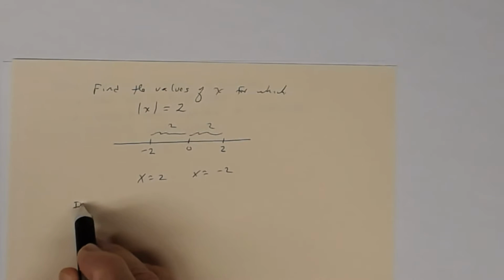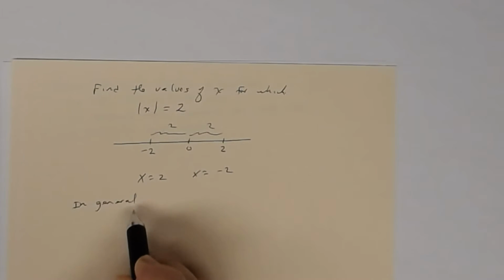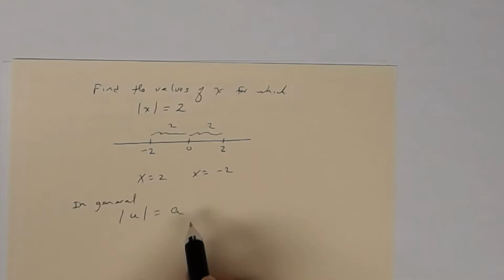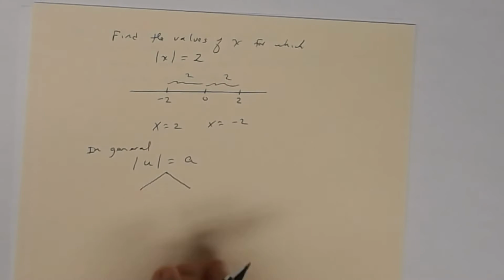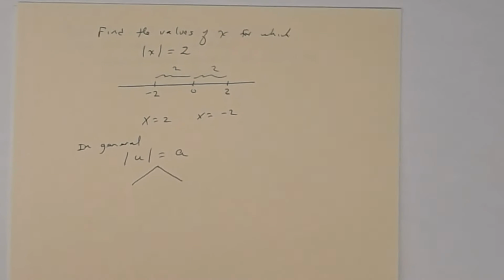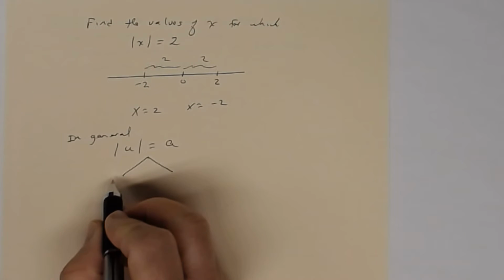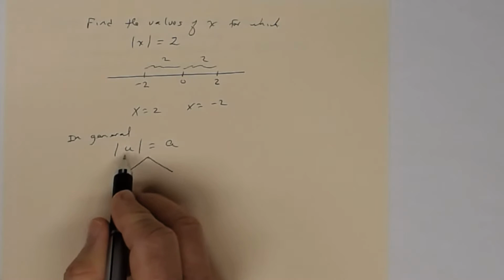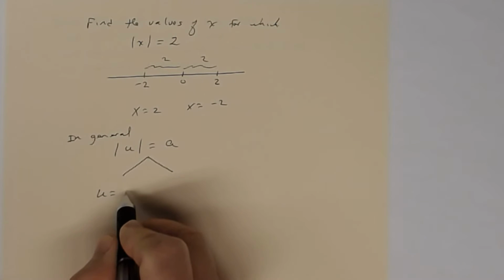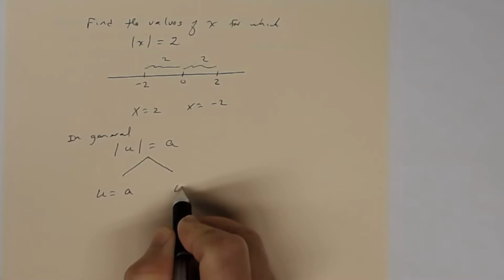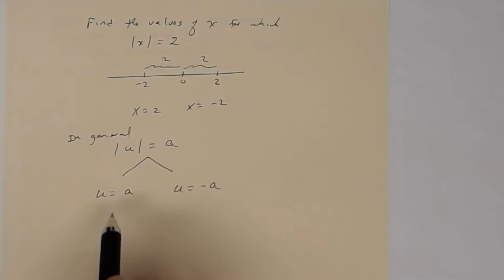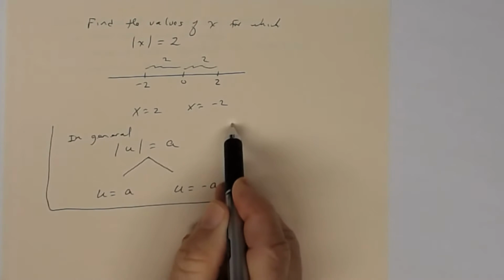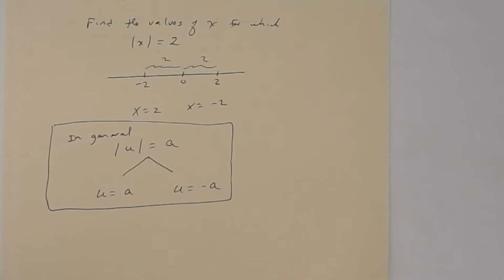So in general, if you have the absolute value of some variable expression u is equal to a number a, you can rewrite this as two equations without the absolute value expression. You would say what's inside the absolute value bars, u, is equal to a, and also u is equal to the opposite of a.